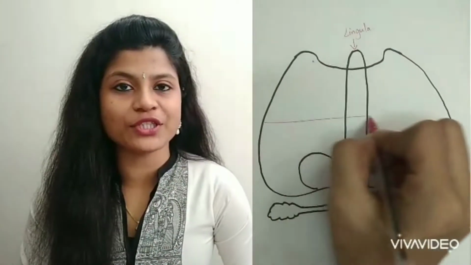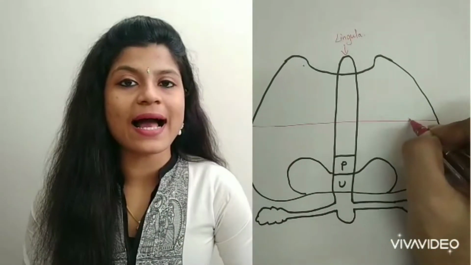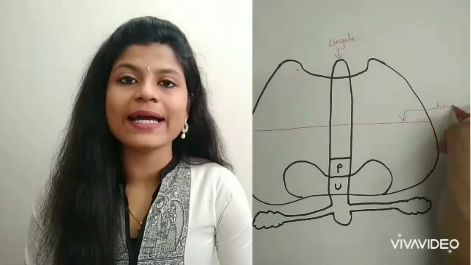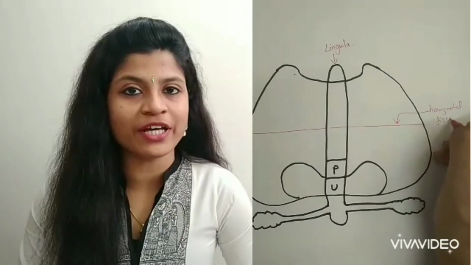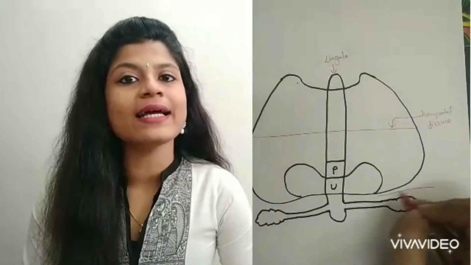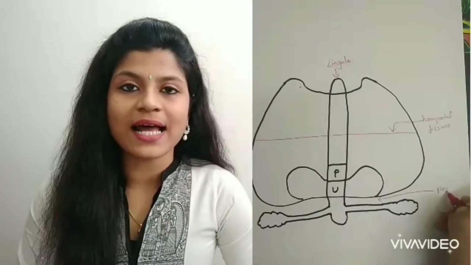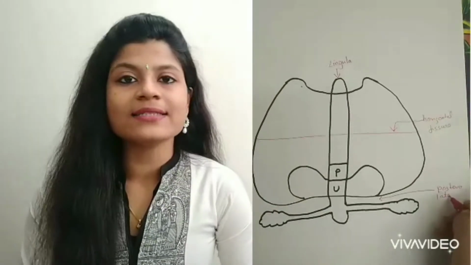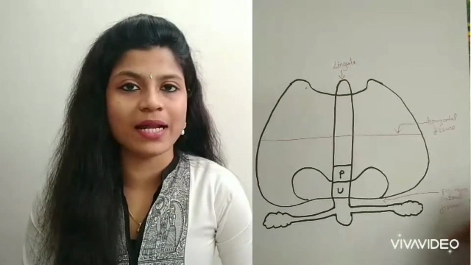The horizontal fissure runs along the lateral and posterior margin of the cerebellum, and it marks the junction between the superior and the inferior surface. The posterolateral fissure lies in the inferior surface of the cerebellum and separates the flocculonodular lobe from the rest of the cerebellum.